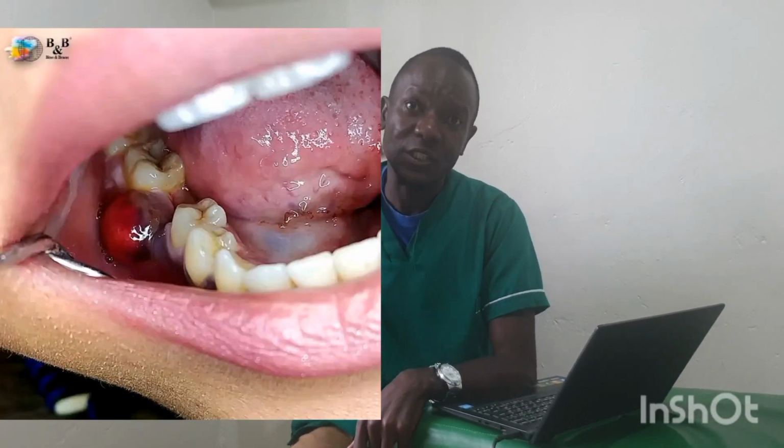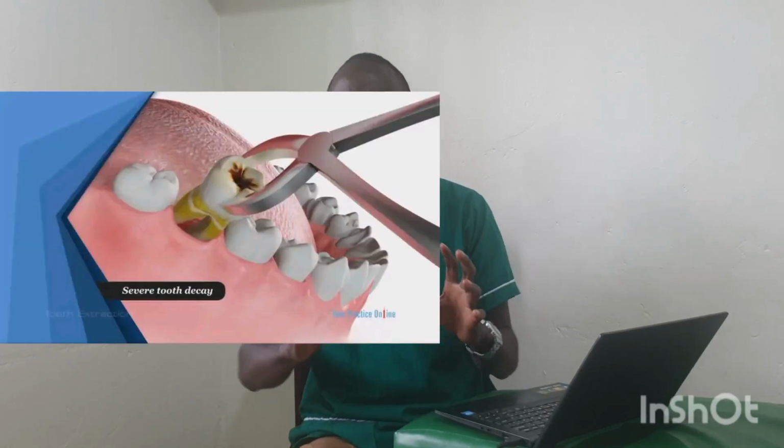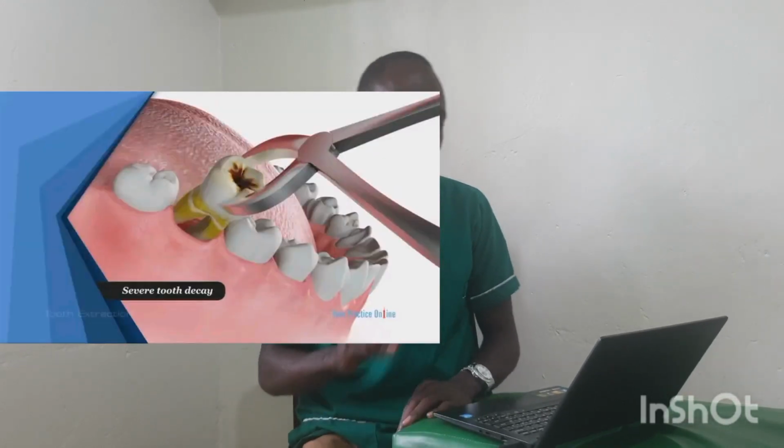If you have such clinical signs, now the question is, what causes dry socket? One, excessive trauma may come in due to difficult extraction. If the extraction procedure has been very difficult, and the surrounding area has been traumatized, damaged, you may end up getting that dry socket. Then impaired blood supply.